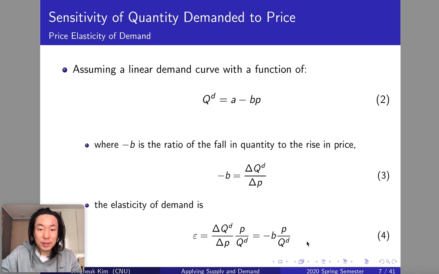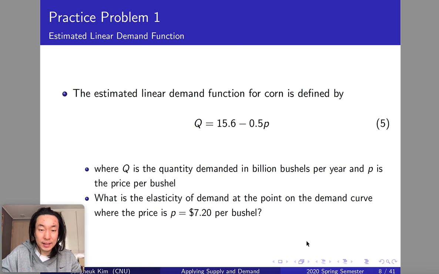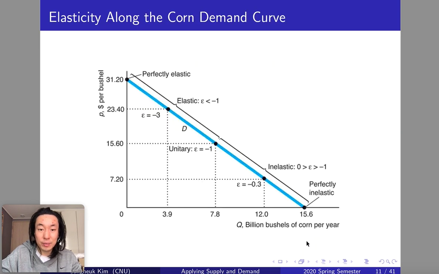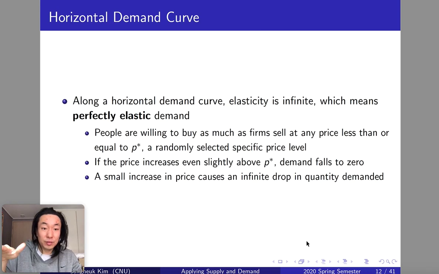As the demand curve gets flatter, that demand curve is more elastic. So if the demand curve is perfectly flat, which means it is horizontal, then we can say that it is perfectly elastic.